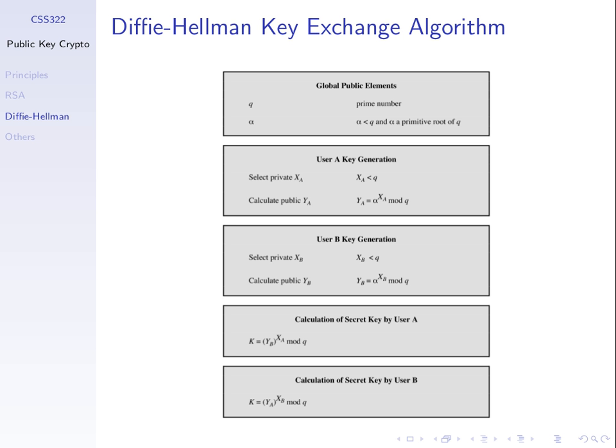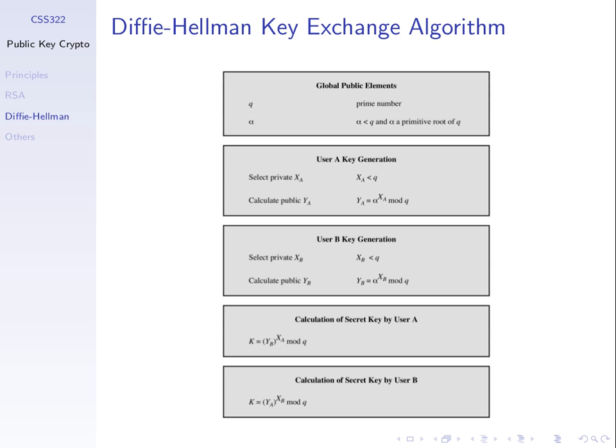Each user generates their key independently using the public elements, the global public elements Q and alpha, known by everyone. They send their public values to each other, exchange them, and calculate their own value of K, and they'll be the same values of K. That is a shared secret.